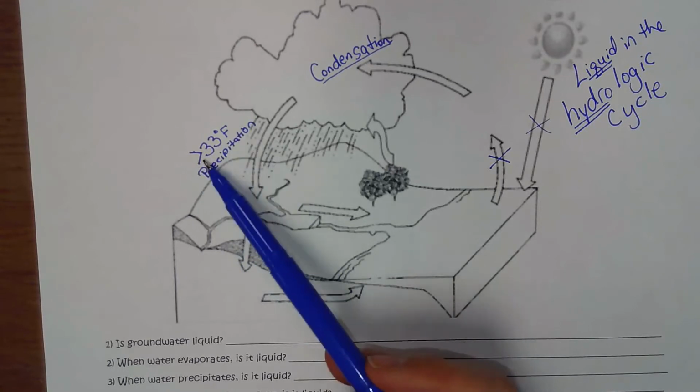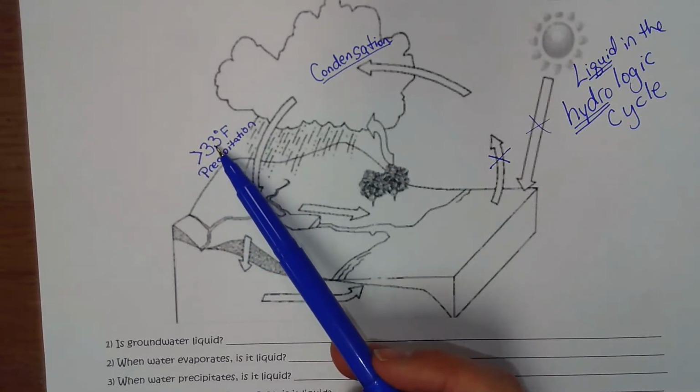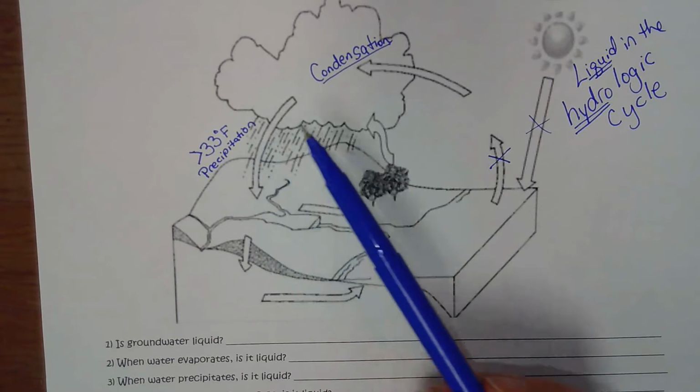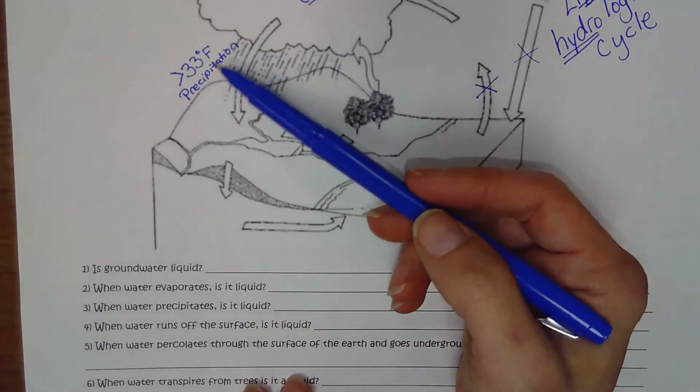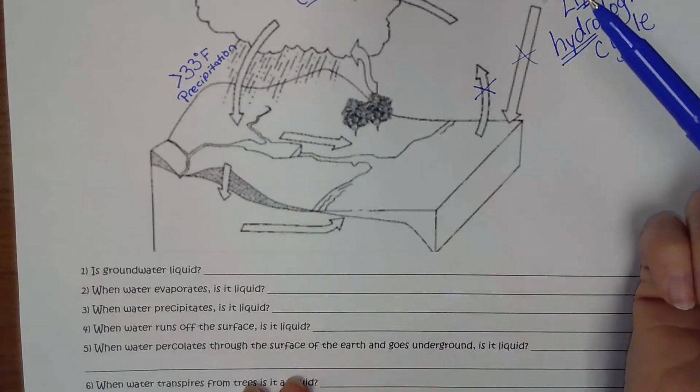I wouldn't count it wrong if you did not write that it had to be greater than 33 degrees Fahrenheit yesterday, but today make sure you do have that jotted on. So precipitation is definitely liquid in the hydrologic cycle if it is greater than 33 degrees.